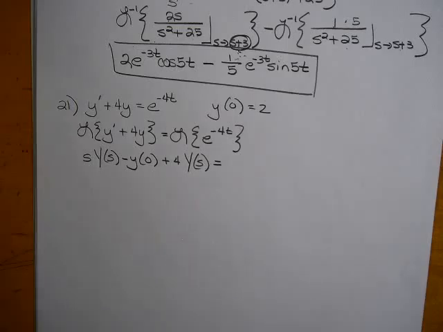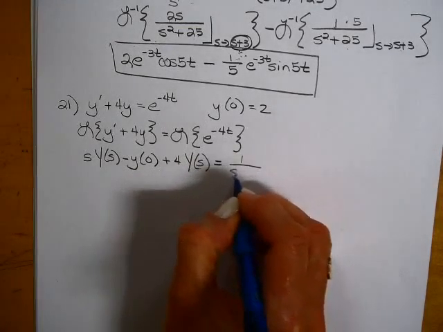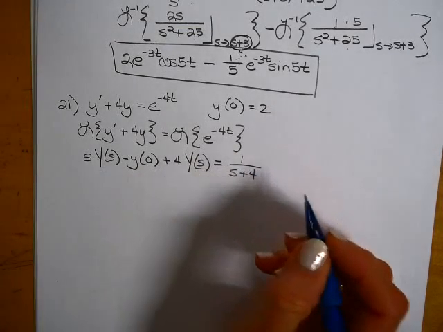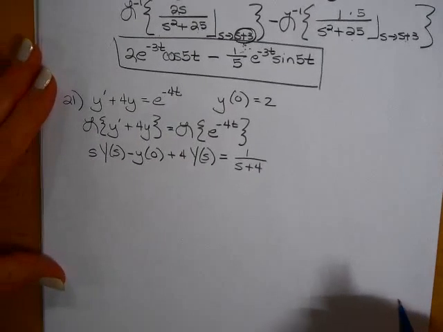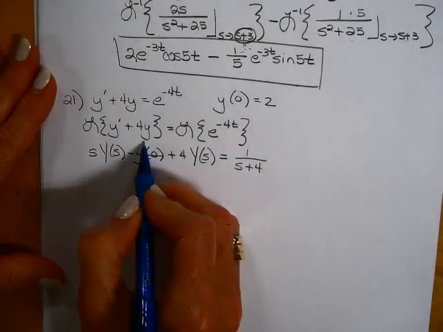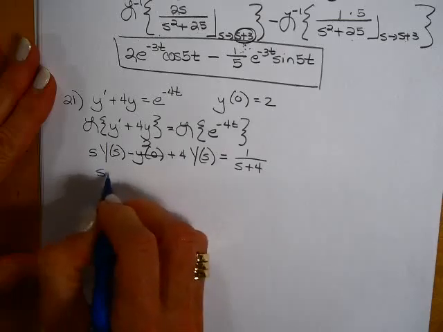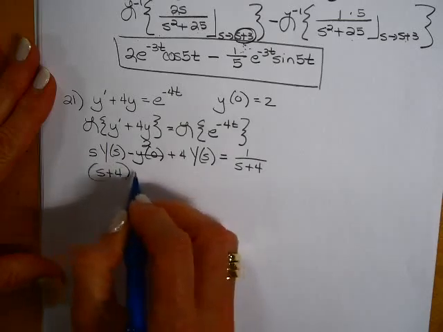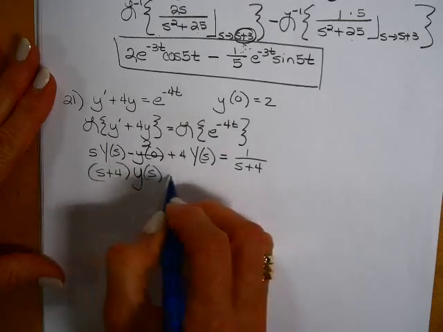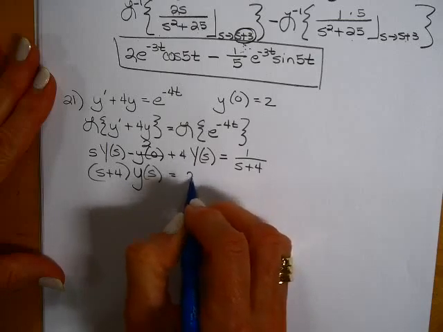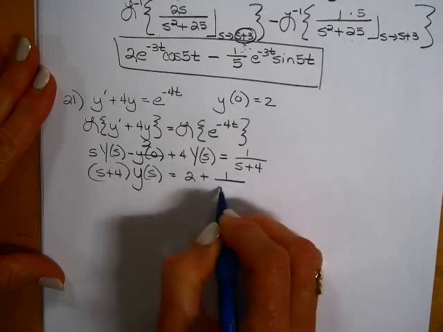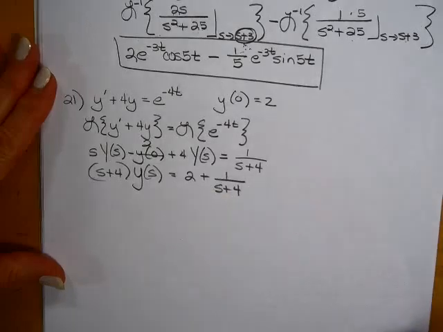I should have all these memorized. 1 over s plus 4. All right, y of 0 is 2. So s plus 4 times y of s. I'm going to move the 2 to the other side. It's 2 plus 1 over s plus 4.